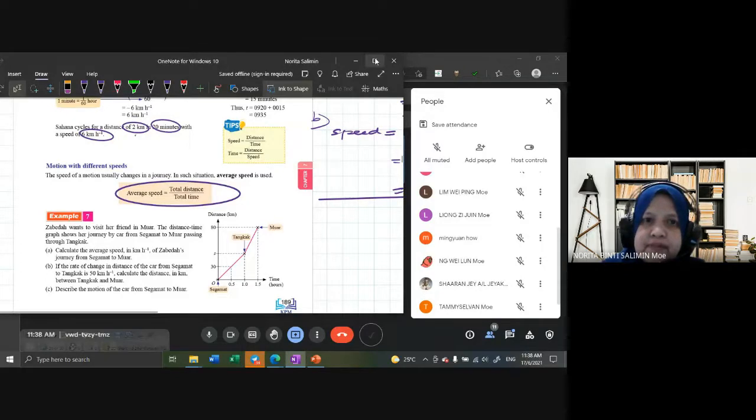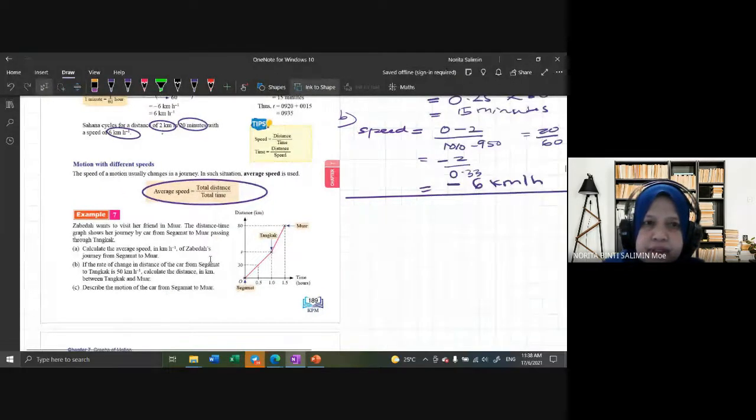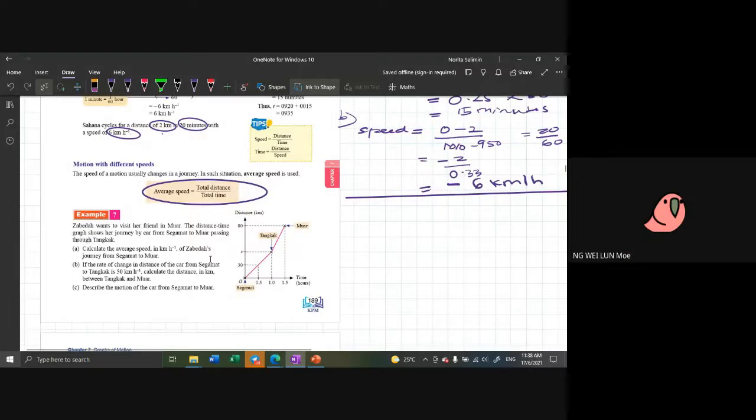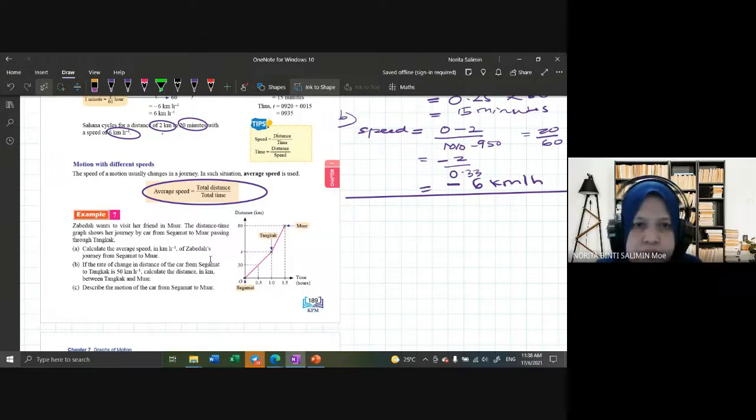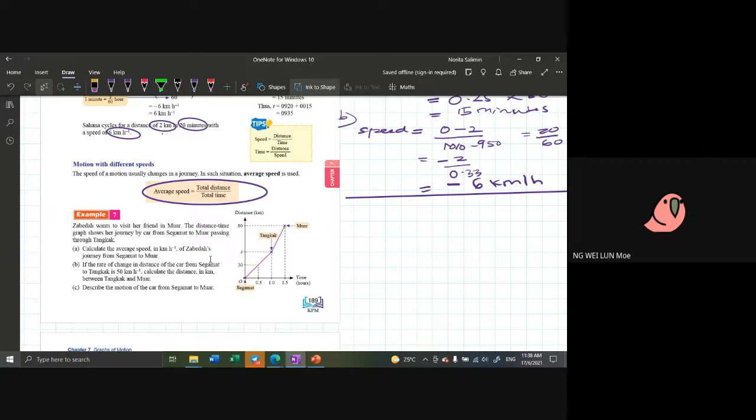Example 7. Visit her friends in Muat. Distance time graph show her journey by car from Segamat to Muat, passing through Taka. Okay, question A. Calculate the average speed in km/h of Zapata's journey from Segamat to Muat.